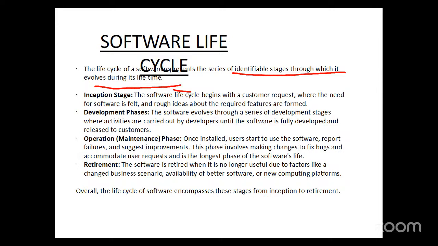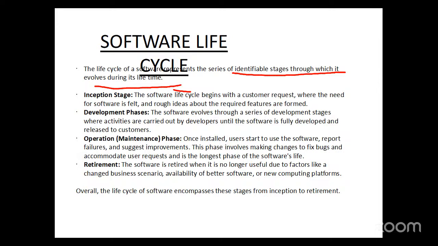How many phases will be there for software life cycle? 6 phases. Okay, what are those 6 phases? Starting from feasibility study: feasibility study, requirement specifications and gathering, then planning, designing, coding, testing, and maintenance.